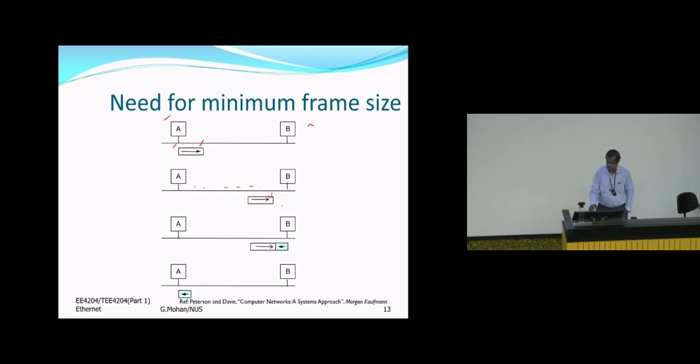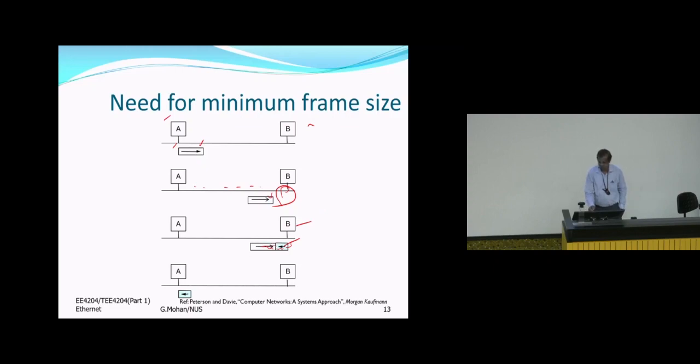It senses the cable close to it and finds that there's no transmission going on. So B thinks the link is idle, the link is free, and B starts transmitting bits.